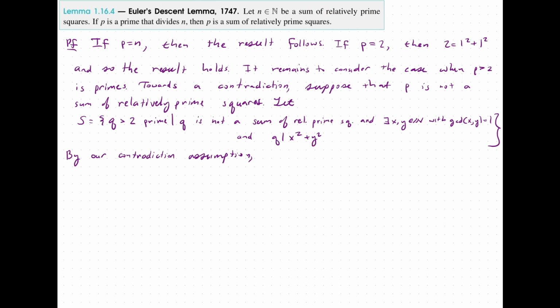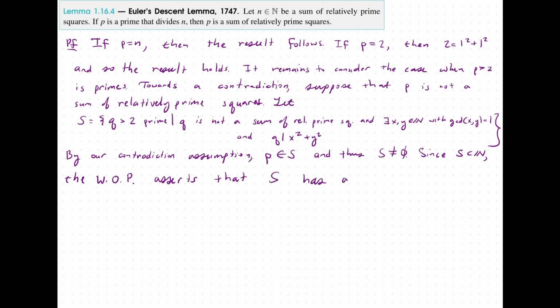And so by our contradiction assumption, we have that P is in S, and thus S is non-empty. And since, of course, S is a collection of prime numbers, it's going to be a subset of the naturals. So the well ordering principle applies, and so S has a least element.